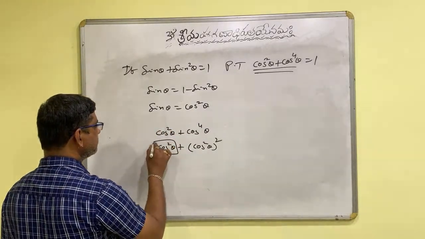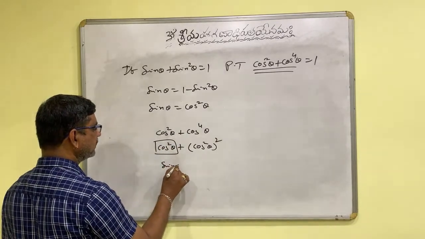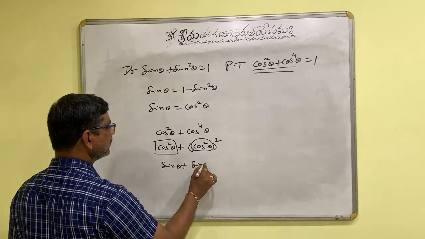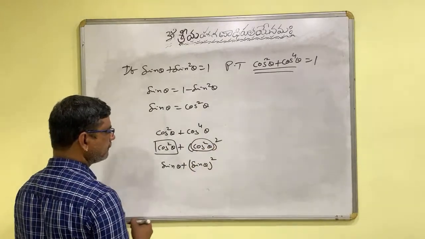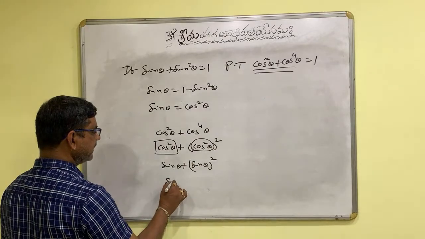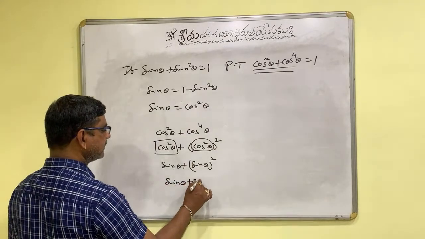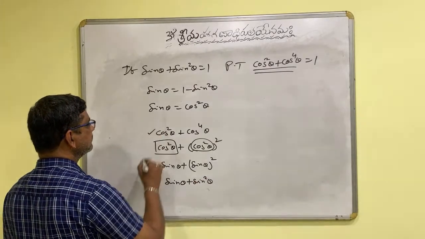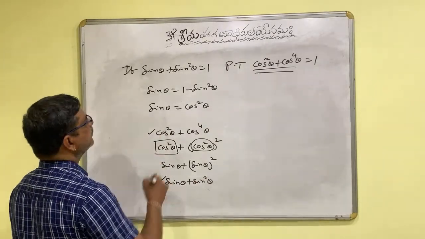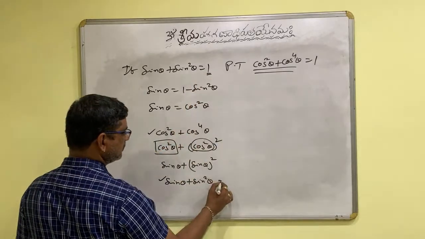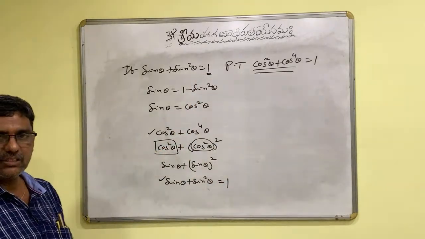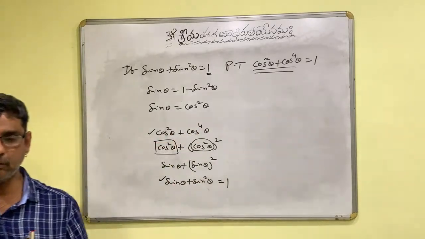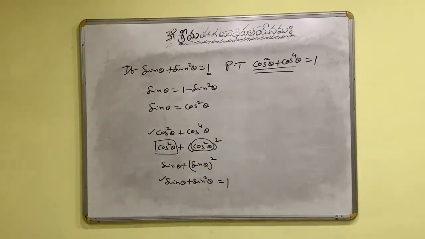So in this place I will write sin theta, and in this place also sin theta whole square. So sin theta plus sin square theta. After simplifying this, we know this is nothing but 1. So that means cos square theta plus cos power 4 theta is also 1.